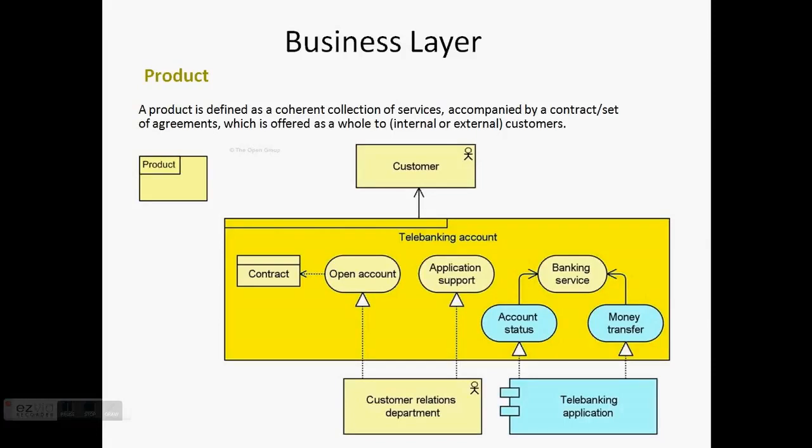The number of product types in an organization is typically relatively stable compared to, for example, the processes and other things like that. Buying is usually one of the services associated with a product, which results in a new instance of that product belonging to a specific customer.